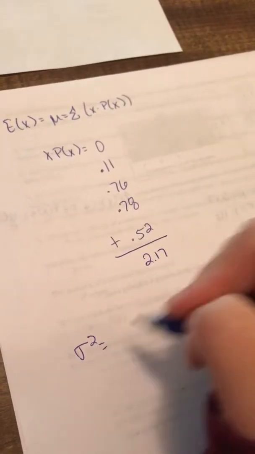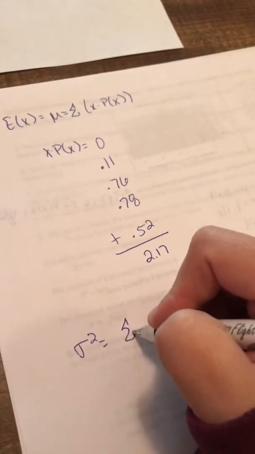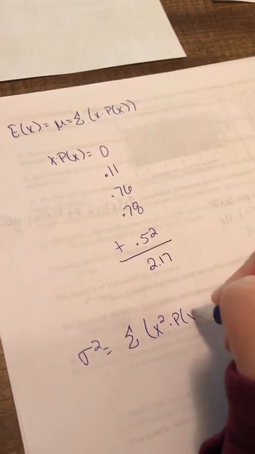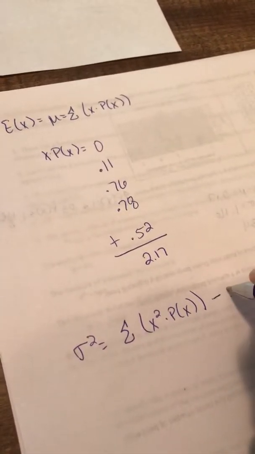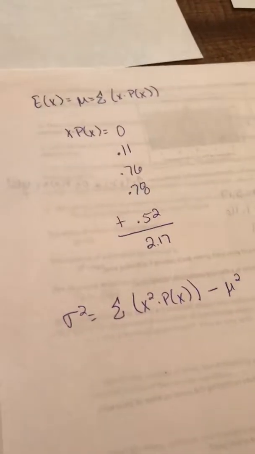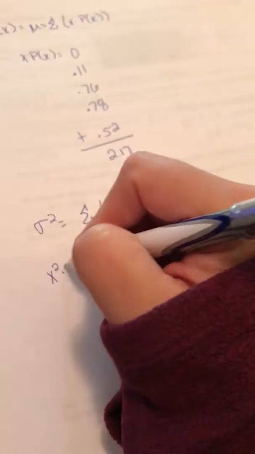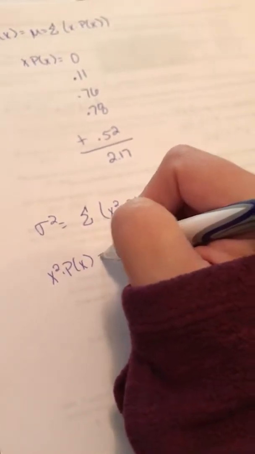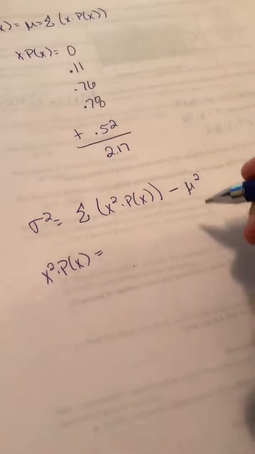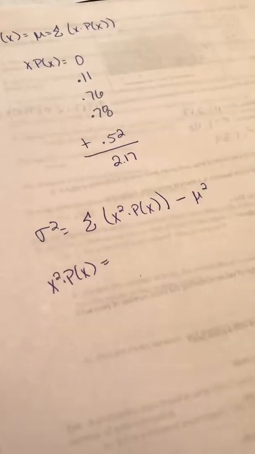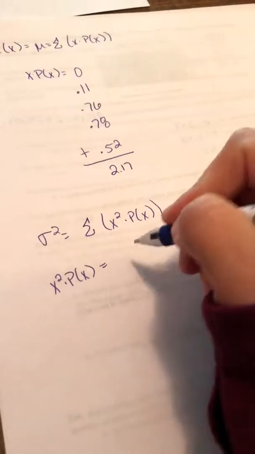There's two variance formulas. I use the second one listed on the front page. So it's the sum of x squared times p of x. And then once you have that, subtract mu squared. So for our x squareds times p of x, the first one you would have 0 squared times 0.12, so 0 squared still just 0.